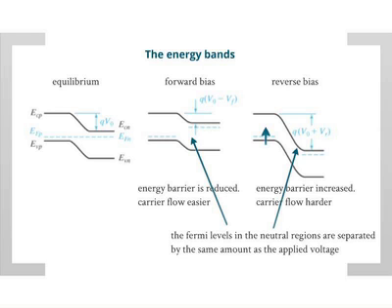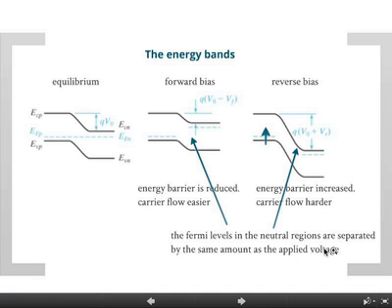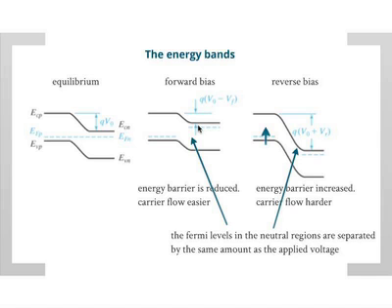So the important thing also is the Fermi level. Now the Fermi level is split, and we'll come back to this. They're separated by the same amount as the applied voltage. Remember, when no voltage is applied, the Fermi level is constant. When you have an applied voltage, the Fermi level splits on both sides, and it gets separated by the potential that you have applied. Okay?